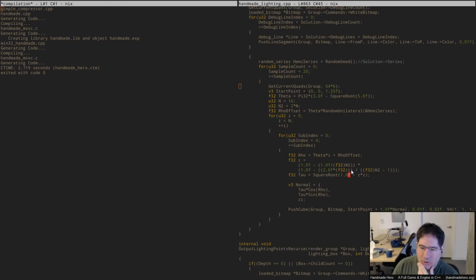So maybe the better thing to jitter would be the actual I value. Because if we jittered the actual I value, then we would move along the spiral, which would give us better coverage. So this is probably a bad way to do it. What we probably want to do is maybe this. What do you think about this?